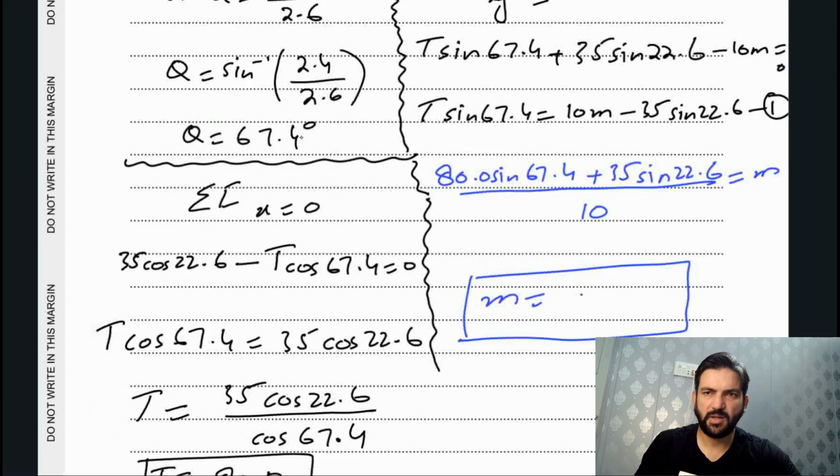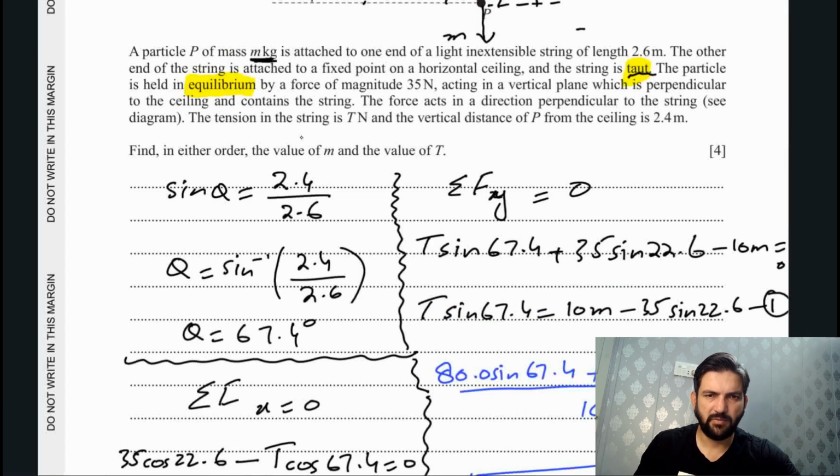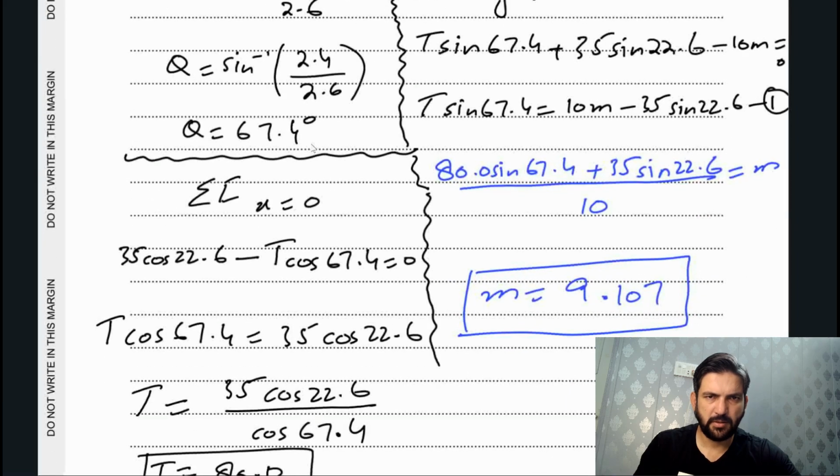This will be the final answer. Is there any instruction to write it to 3 significant figures over here? No, there is no instruction. So this will be the final answer, that m will be equals to 9.107.